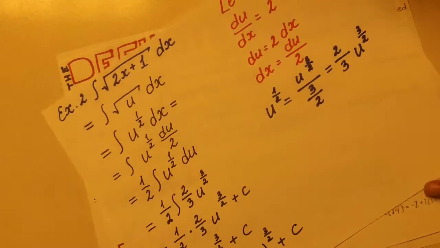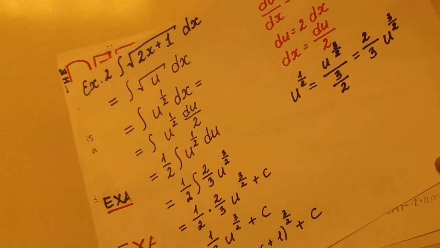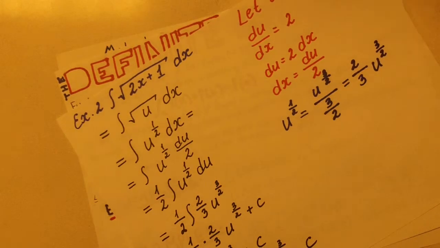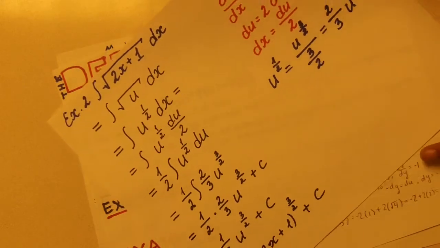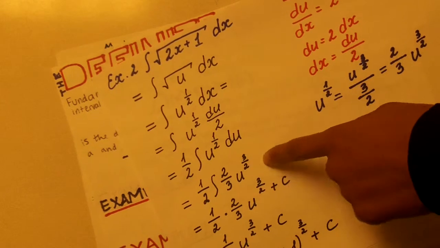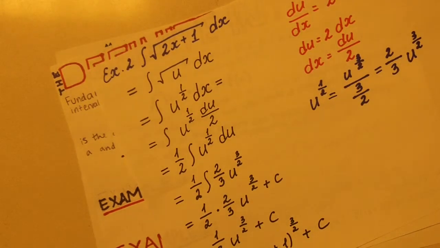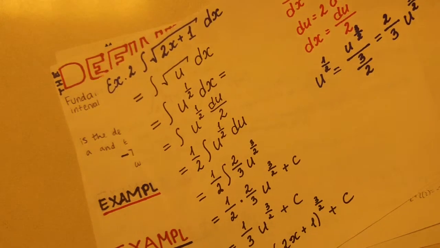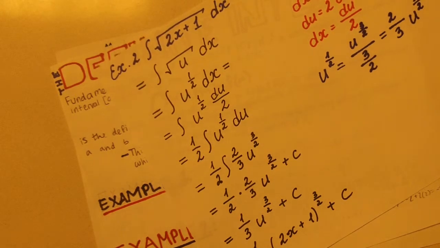So then you would have an exponent of 1/2, and then you'd integrate that, and it would become u to the 3/2 over 3/2, and then that would simplify to 2/3 u to the 3/2. So then you would substitute that back in, multiply 1/2 by 2/3 u to the 3/2, and then you would add c, and the answer you would get would be 1/3 times 2x plus 1 to the 3/2 plus c.